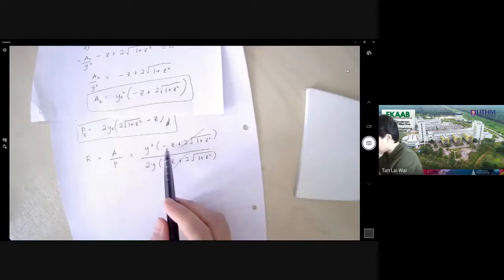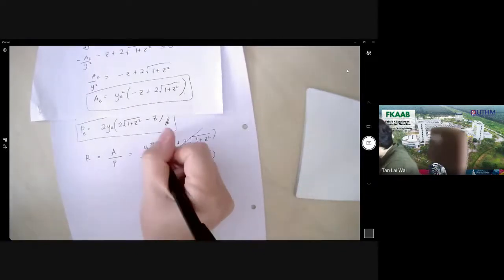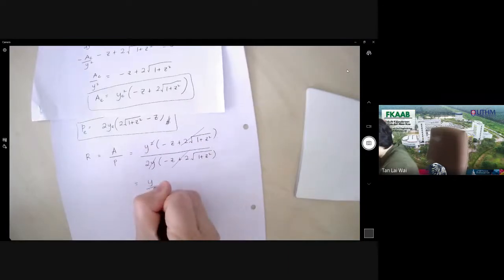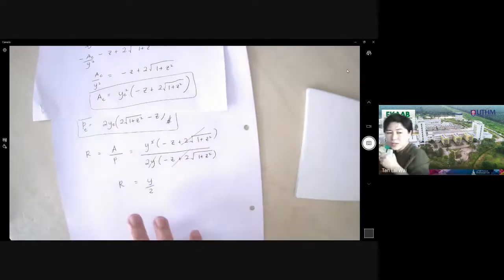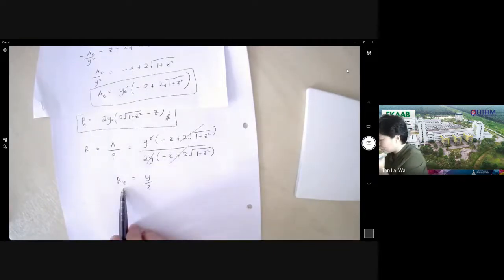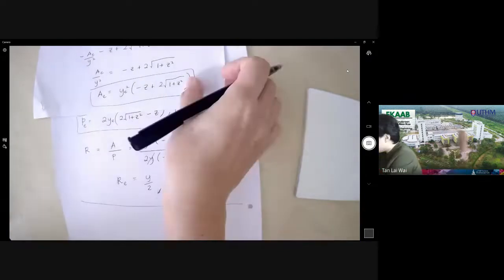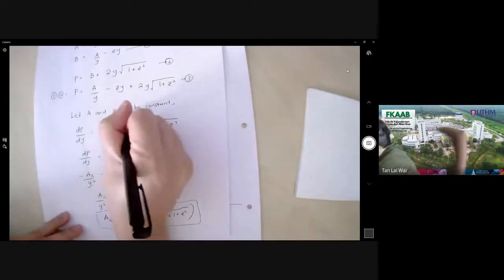So this will give me y over 2. So there you have it: your best hydraulic radius for the best trapezoidal section is when R is equal to y over 2. Now, this is the case. Remember that we said Z is constant.